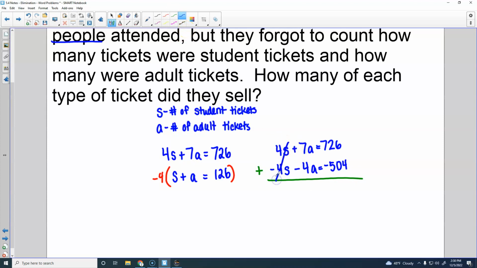So these will cancel. 7 plus -4 is going to give us 3A. And then we'll do 726 minus that 504 is going to give us 222. And then last step right there, divide by 3. So A equals 74. So that's 74 adult tickets.